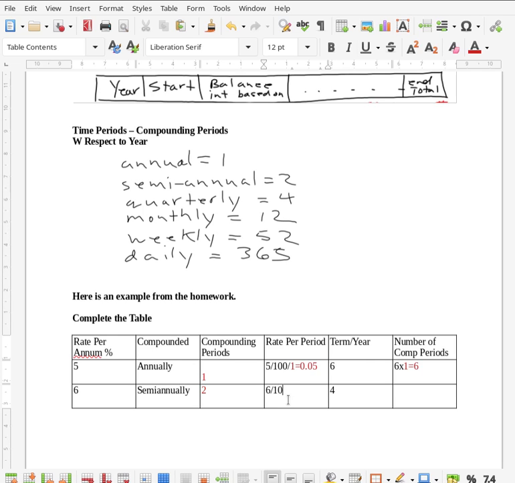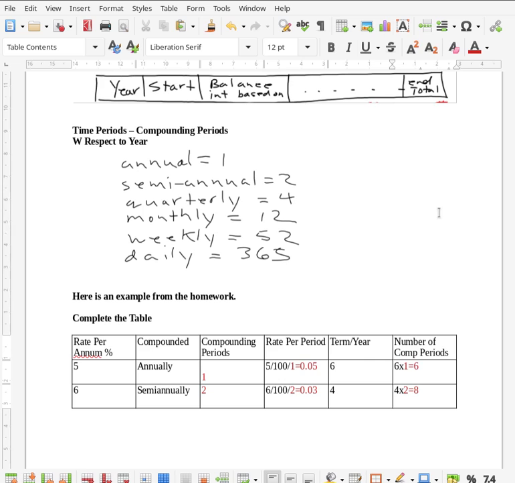You go 6 divided by 100 is our percentage, and then we divide it by, you guessed it, 2, which gives us a final answer of 0.03. Now, our number of compounding periods is the years times the compounding period. In this case, it's 4 times, you guessed it, 2, which gives us 8. And we use that to do our basic computations.